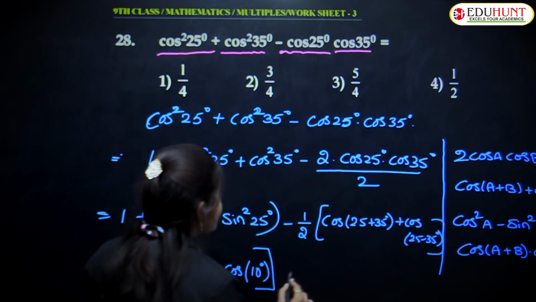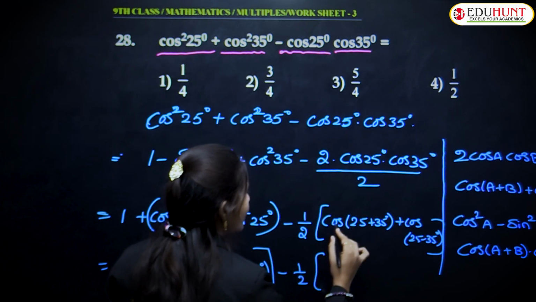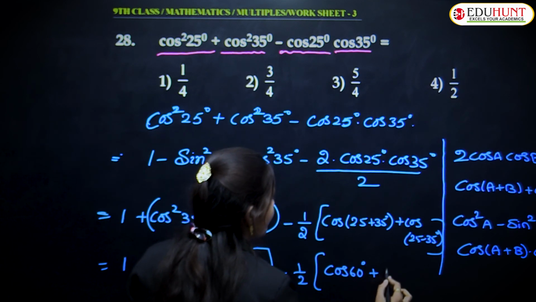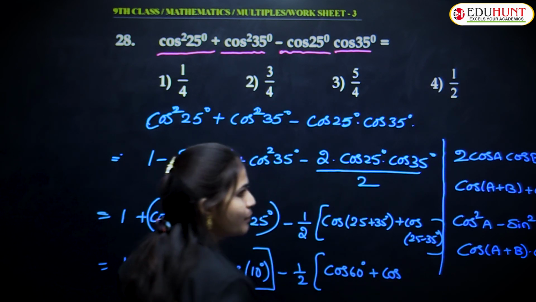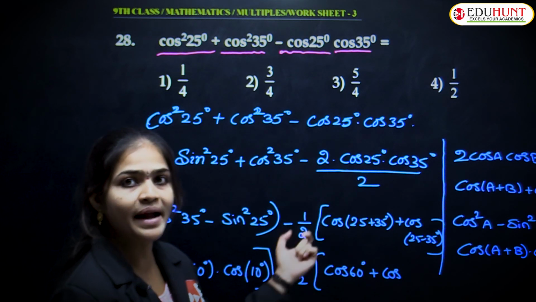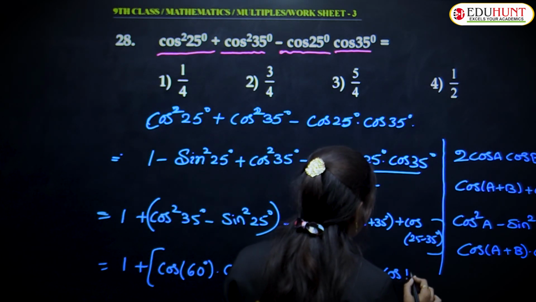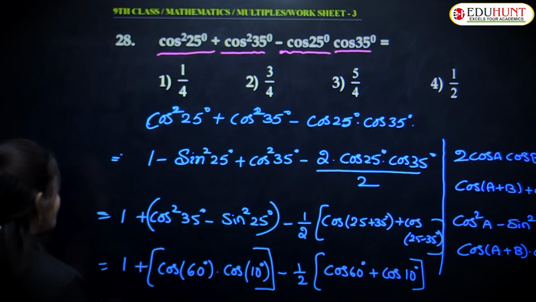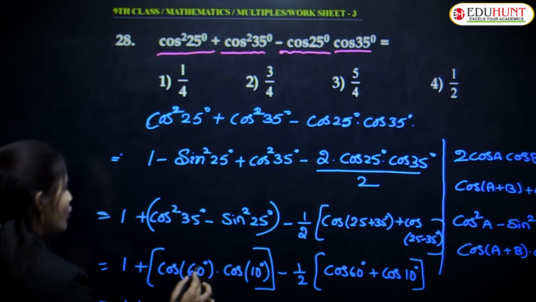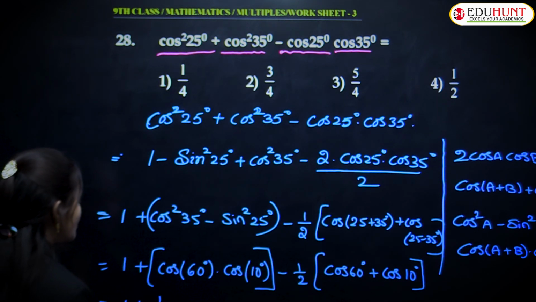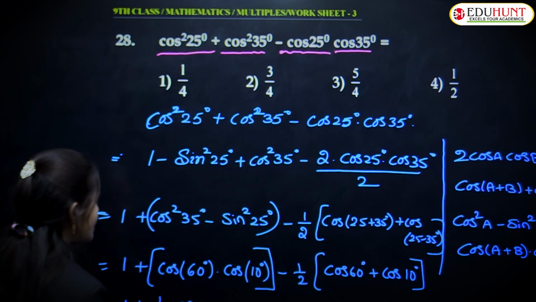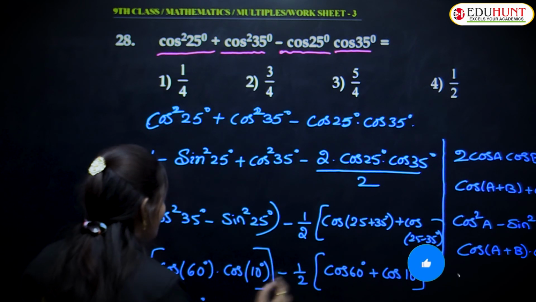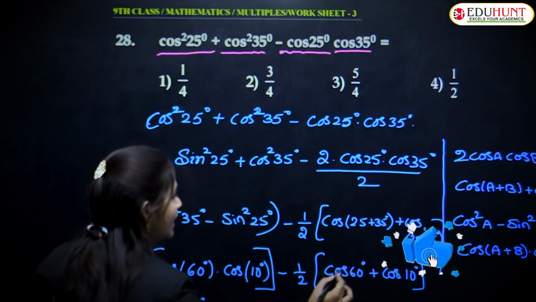Minus 1 by 2 into cos 25 plus 35, cos 60 degrees, plus cos of 25 minus 35, which means cos of minus 10 degrees. Cos of minus theta is cos theta only, so that is cos 10 degrees. Am I clear to you? So 1 plus cos 60 degrees means the value is 1 by 2 into cos 10 degrees minus 1 by 2 into cos 60 degrees.